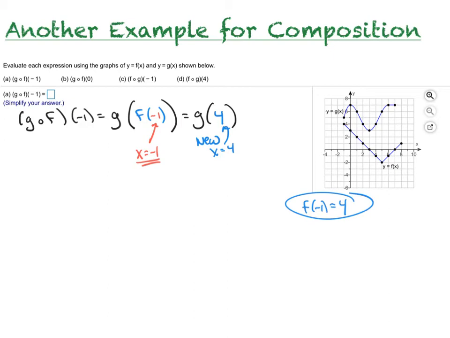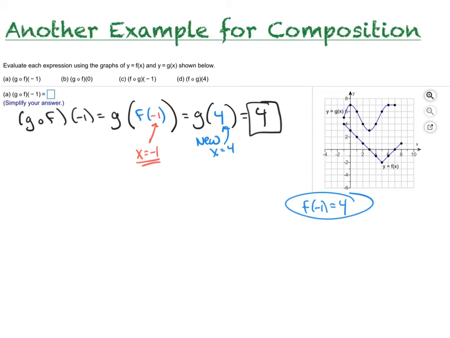At x equals 4, 1, 2, 3, 4, g of x is 4. Oh, that's not confusing at all. g of x has a y value of 4. So our first answer would be 4.